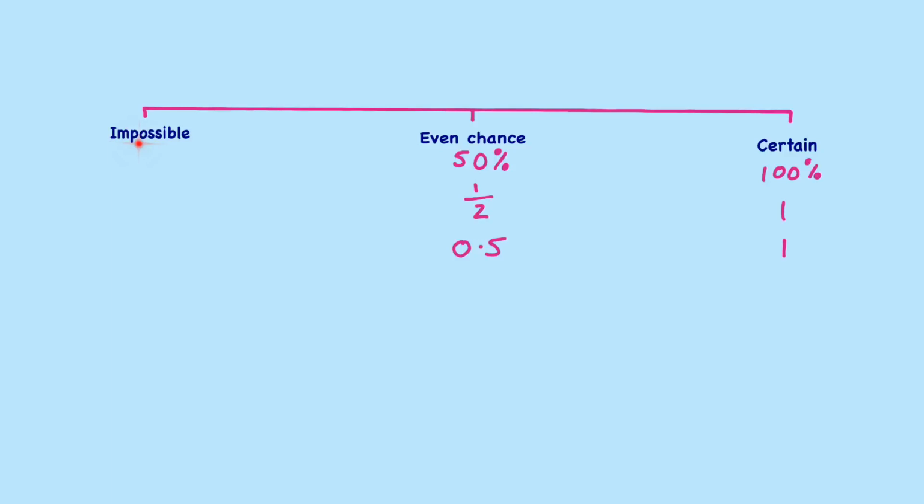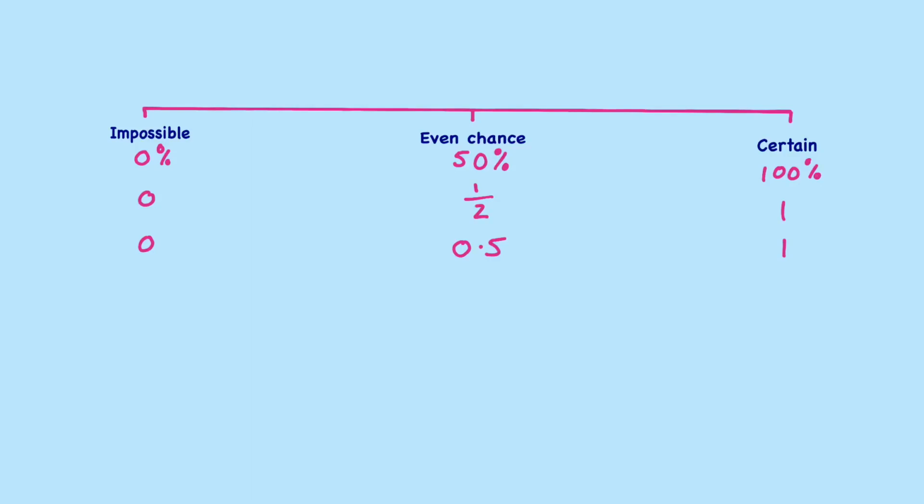And impossible as a percentage would be 0%, a fraction would be 0, and a decimal would also be 0. You obviously have lots of different probabilities in between this, but I wanted to show you how it's listed as percentages, fractions and decimals with these 3 outcomes.